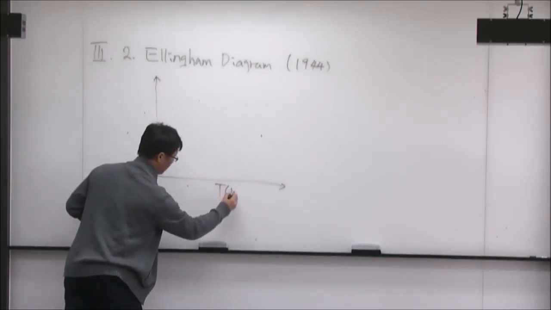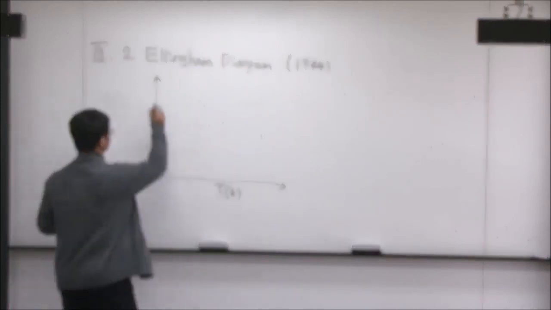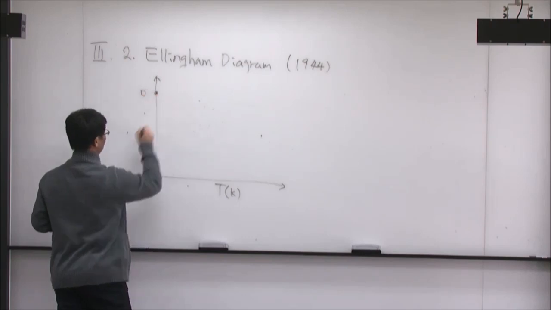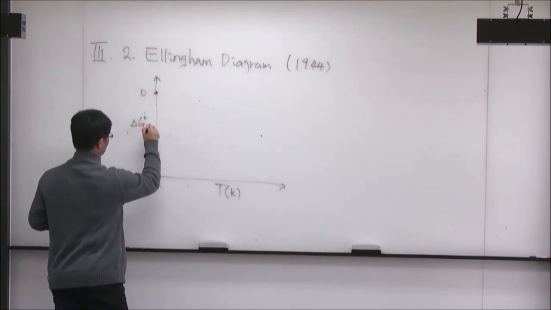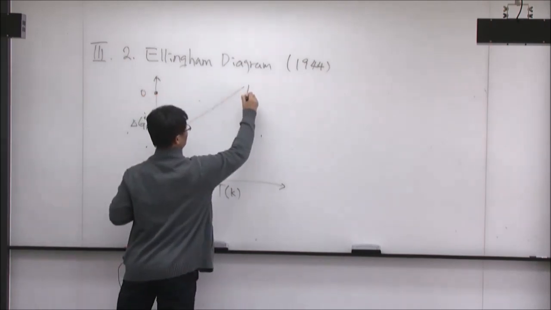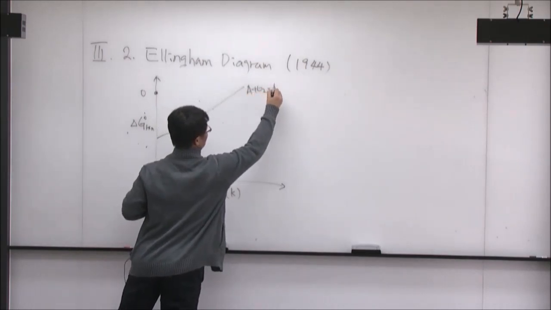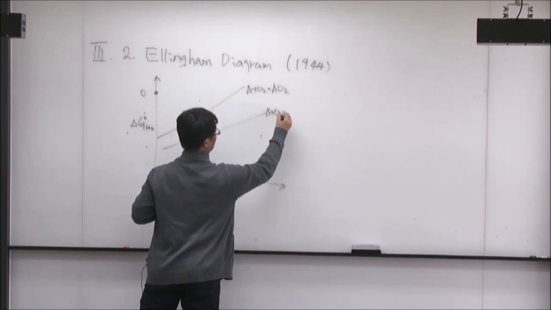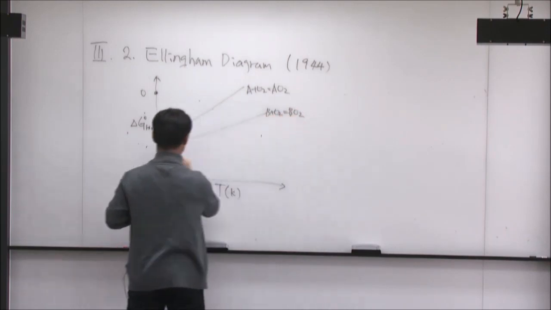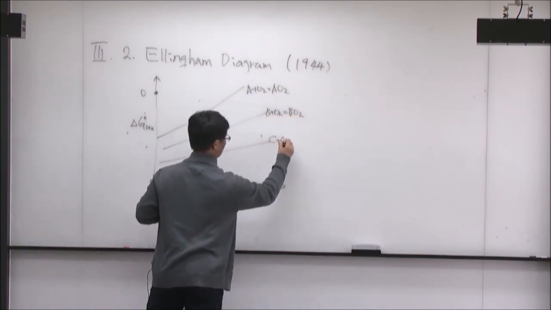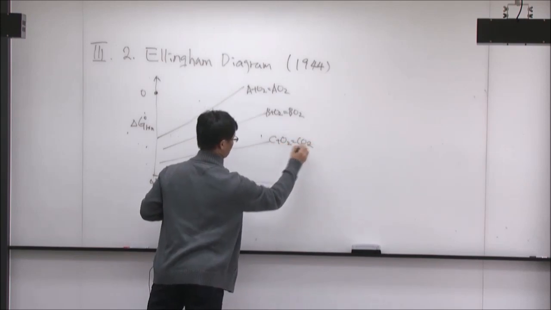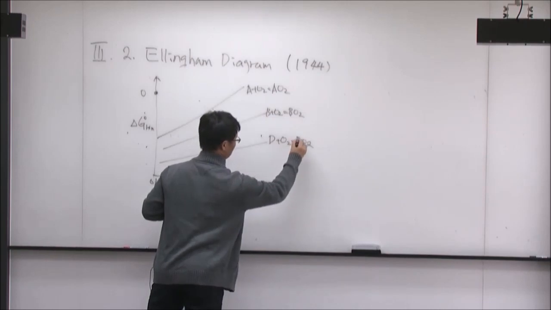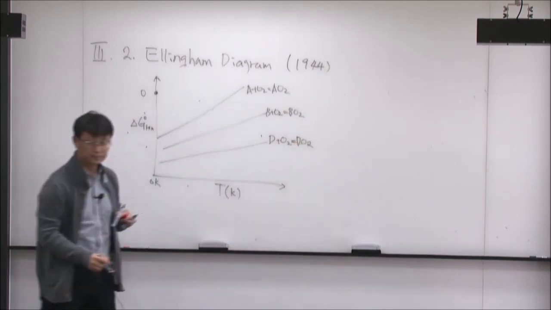Of course, this axis should be in Kelvin, theoretically, and this is 0 Kelvin, and this is value 0. And this is delta G naught of reaction. Let's assume this is A plus O2 giving AO2. And this is D plus O2, DO2, so another oxide. Okay?